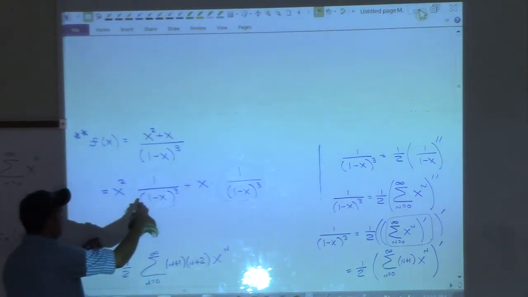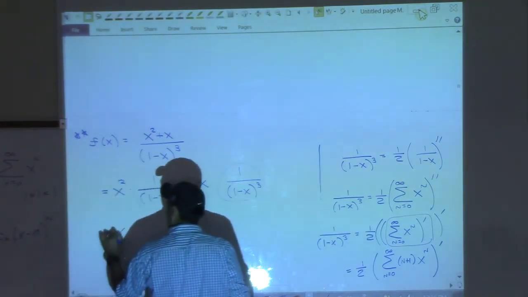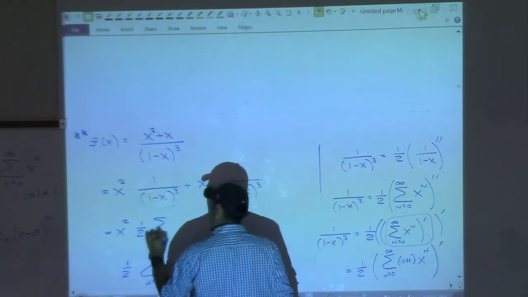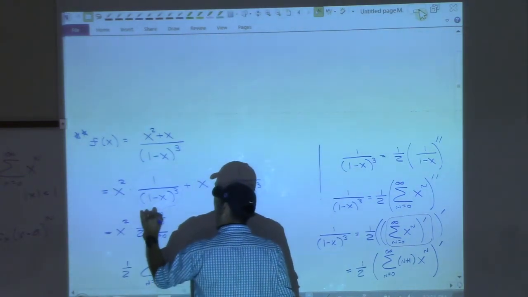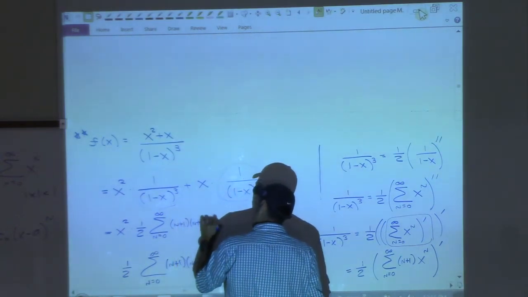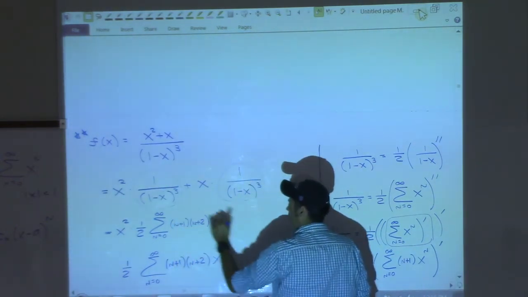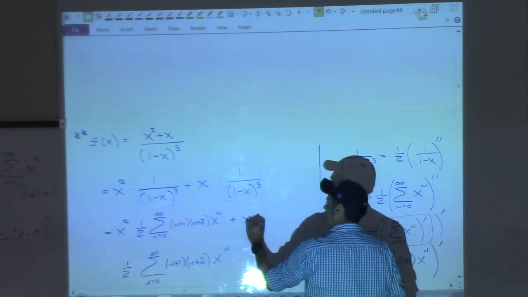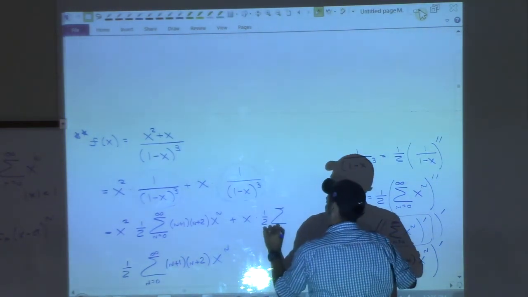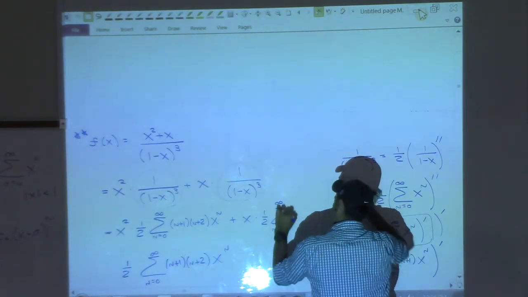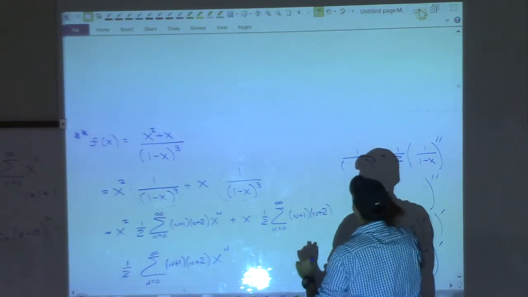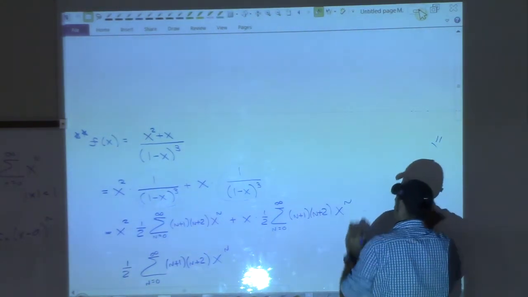This now becomes x squared times 1/2 sum n equals 0 to infinity of n plus 1 times n plus 2 times x to the n. Okay, that's that. Plus this one, x times 1/2 sum n equals 0 to infinity of n plus 1 times n plus 2 times x to the n.